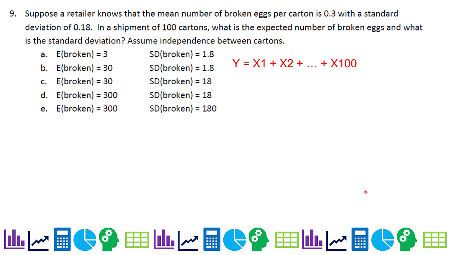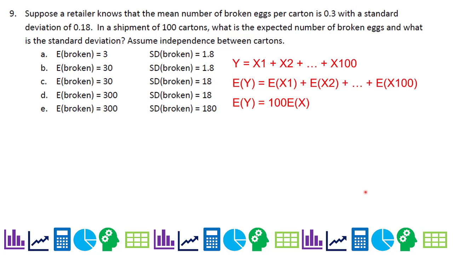So we have carton 1 plus carton 2 plus all the way to carton 100. The expected value for Y is the expected value for the first carton plus the second all the way to the 100th. The expected values are the same, so I can just say that's 100 times the expected value of X, or 100 times 0.3, which is 30.